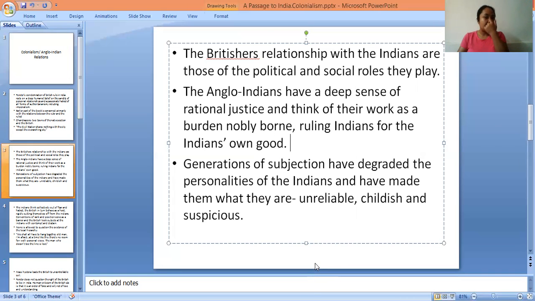So the English are people of sound, rational, and moral justice, because they think that because they were civilized, it is their job to civilize the rest of the world.